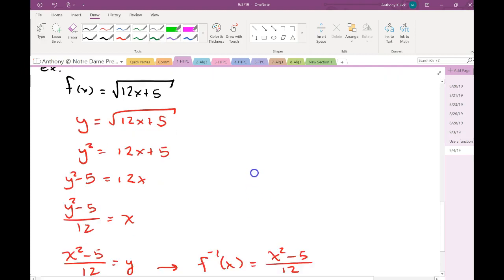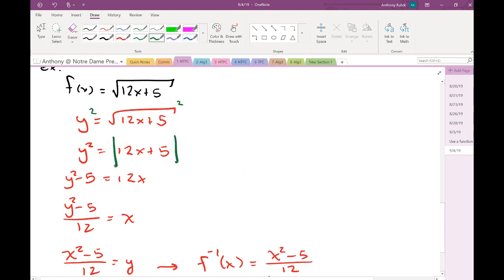So here is the issue. When I square both sides, really you're getting the absolute value of 12x plus 5. Remember that the square root of x squared is the absolute value of x.